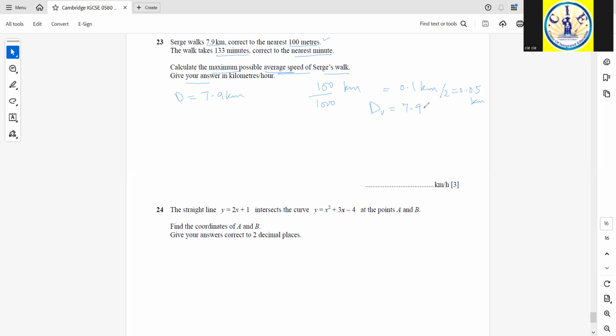So this is 7.9 plus 0.05, that is 7.95 kilometers, and the distance has a lower bound of 7.9 minus 0.05, that is 7.85 kilometers.